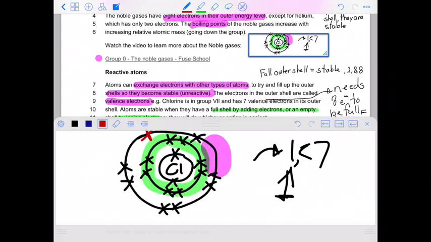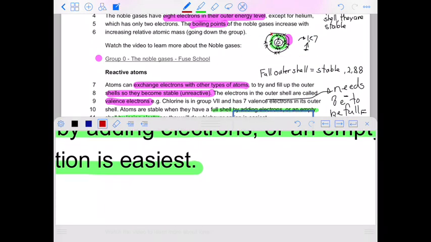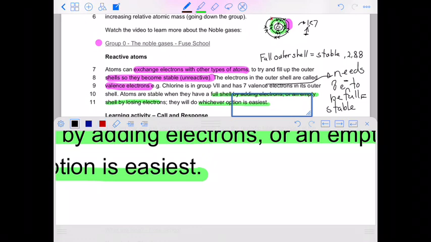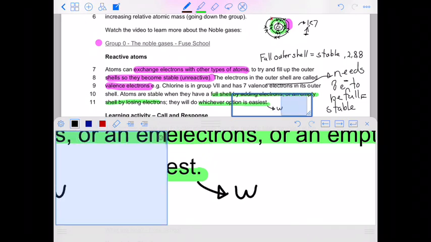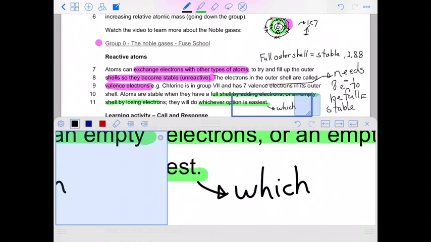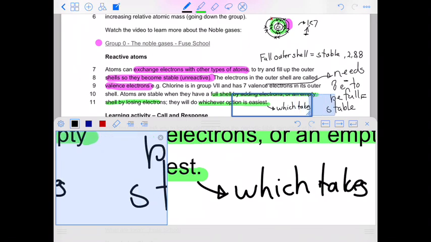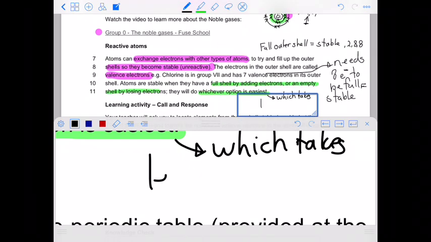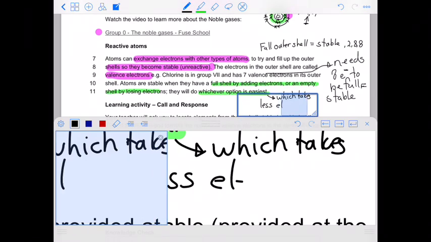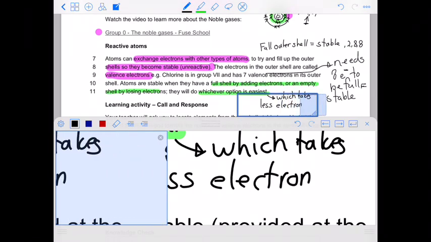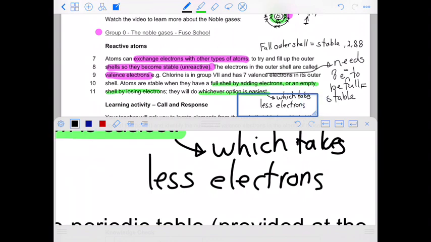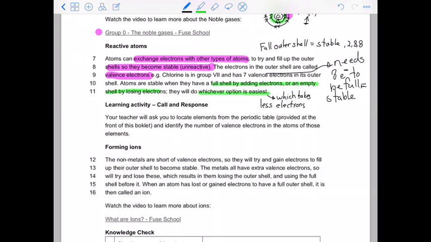And that easiest option is pretty well always whichever takes fewer electrons. So if it takes fewer electrons to lose, then it'll lose electrons. If it takes more electrons, it'll gain electrons.